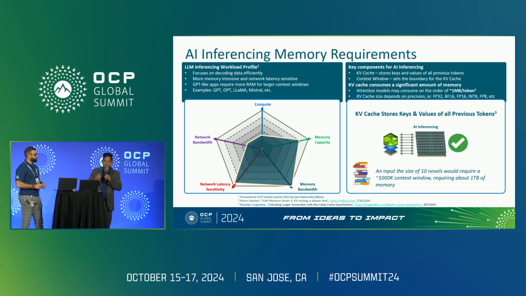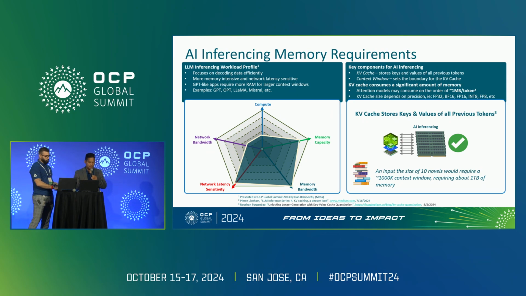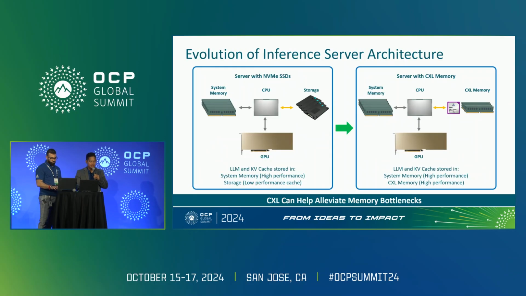I think that's one of the main drivers here for not just CXL, but memory innovation in general. Another thing to note on the bottom right is that roughly 10 novels is approximately 1 million tokens. That would take up roughly 1 terabyte of memory, which definitely exceeds your typical server memory footprint.